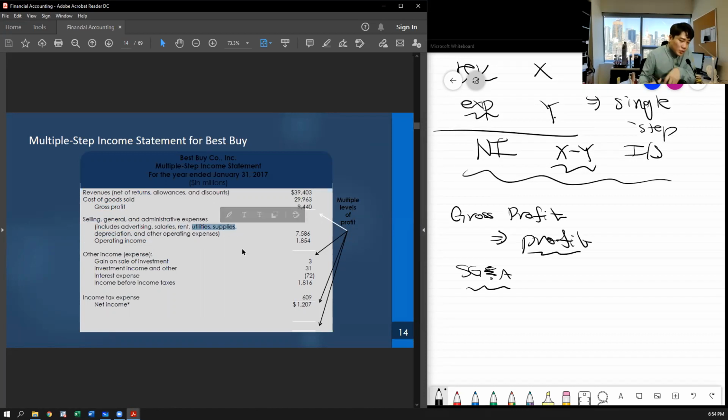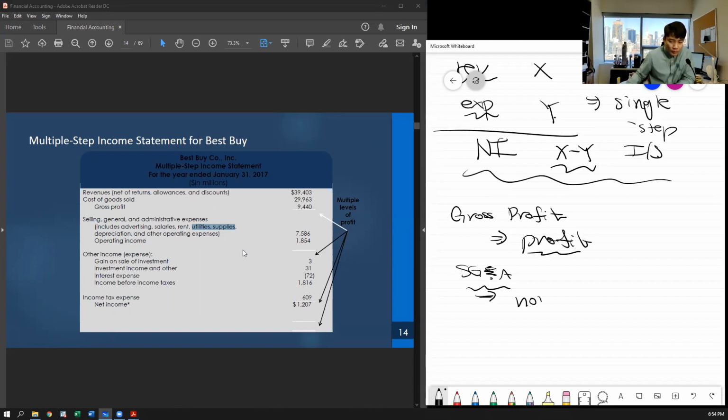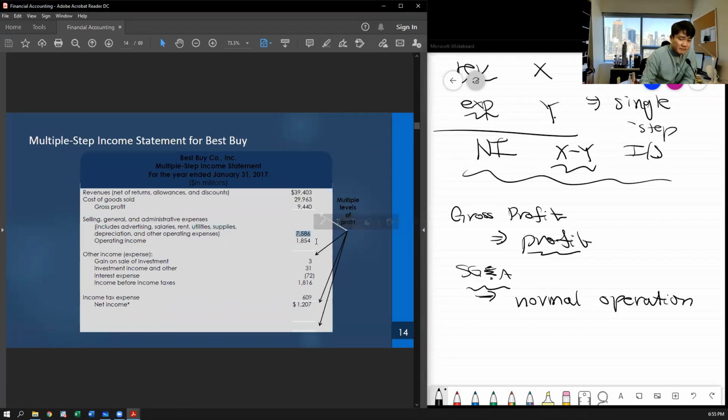So all sorts of expenses related to normal operations. You will definitely have to report these expenses, salaries and rent, in order to operate your business. For this particular example, the company reports about $7 billion of SG&A.